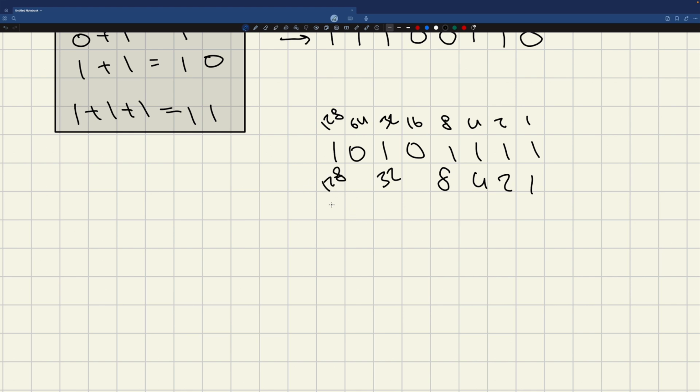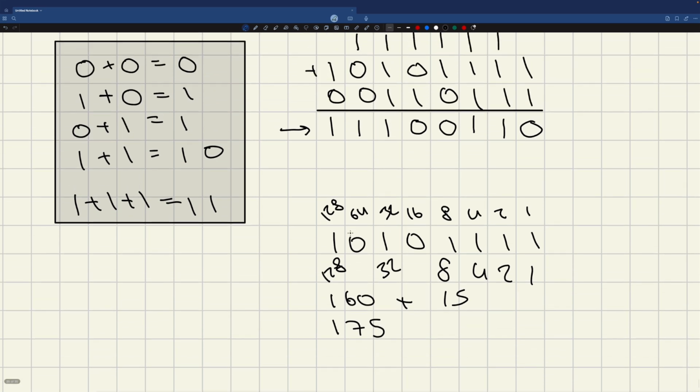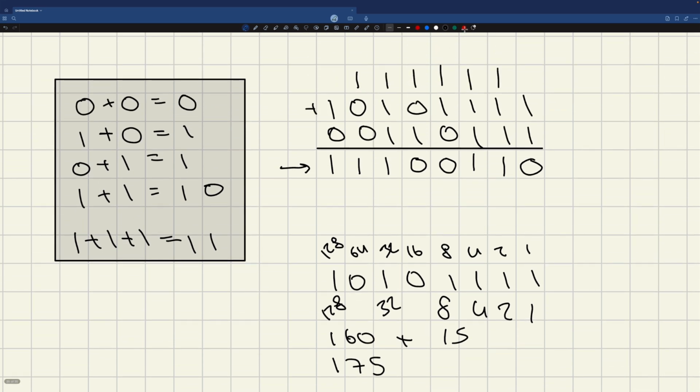So we get 160 over here, plus 8 plus 4 is 12, 12 plus 2 is 14, 14 plus 1 is 15. 160 plus 15 equals 175. So we get 175 as this one. Let's just write it in red over here, equals 175.